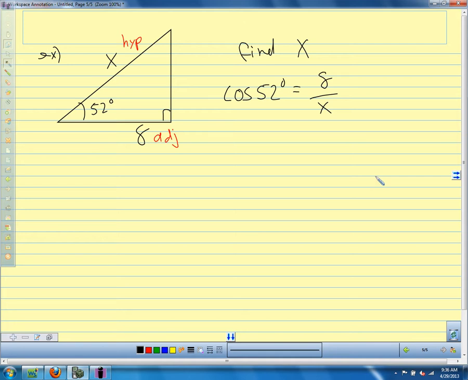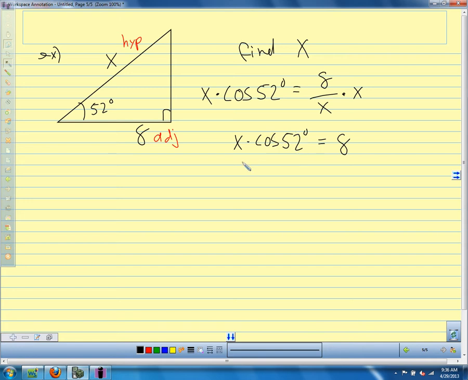Now how do I solve this equation? It's going to be my next step. Multiply by x. I want to get this x out of the denominator. So I'm going to multiply both sides by x. So I get x times cosine 52 degrees equals 8. Now how do I solve for x? How do I get that by itself? Divide by cosine 52 degrees.